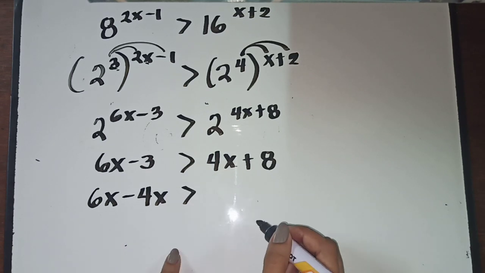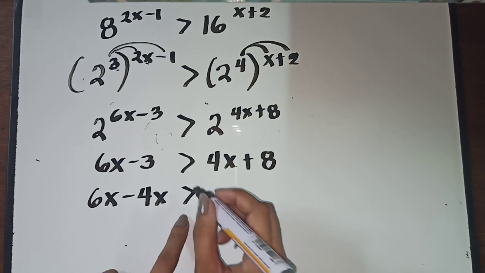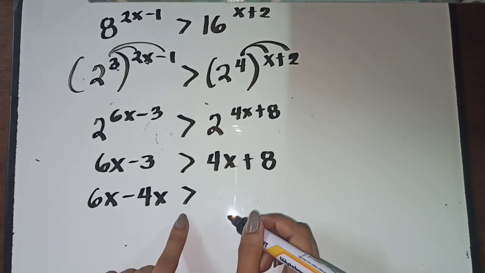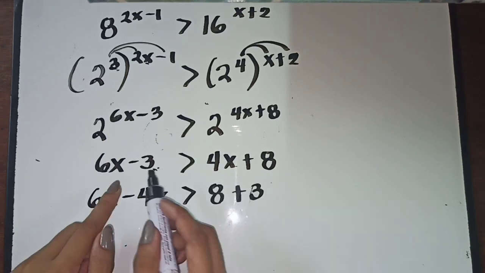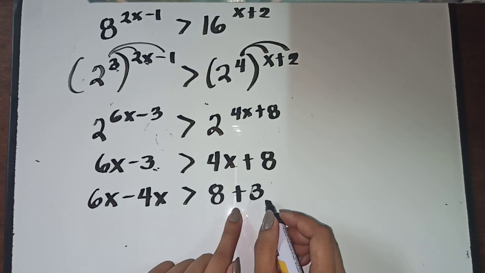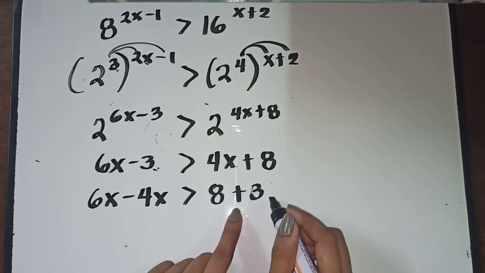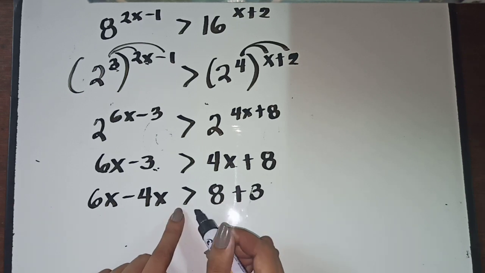So, based on the rule, kapag nag-subtract ka or nag-add ka lang ng real number, your inequality will not change. Okay? So, next. Itong negative 3 na to, pag nilipat sa kabila, it will become positive or plus 3. So, nag-add lang ako. Ibig sabihin, yung inequality ko ay hindi magbabago.